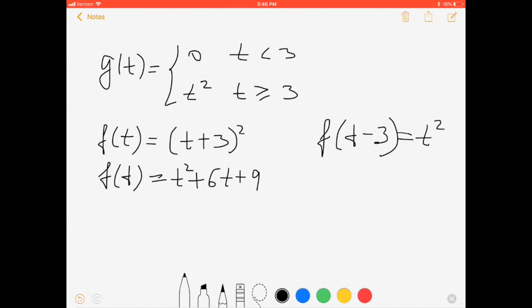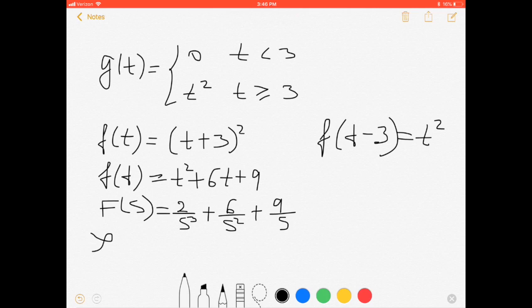and this means big F(s), the Laplace transformation for the function f(t), will be 2 factorial over s cubed, which means 2 over s cubed, plus 6 times 1 over s squared, or 6 over s squared, and 9 will be only 9 over s. And this is the Laplace transformation for my function g(t).